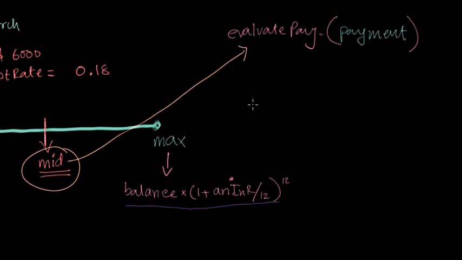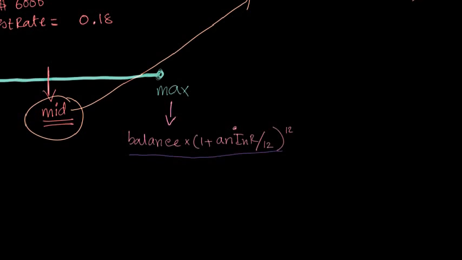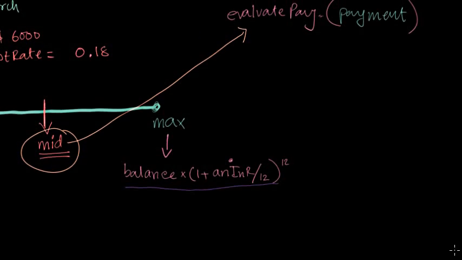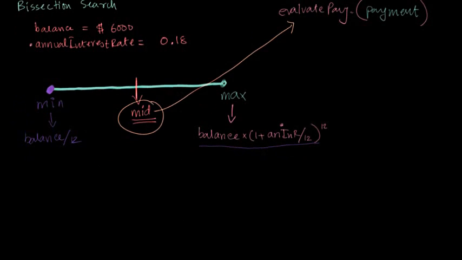What my code did is give me the remaining balance if I paid that amount every single month. This function already evaluates that, and you've already done this in problem set 2, part 1, so this is not going to be a big problem for you. But let's evaluate the evaluation of our payment, okay?